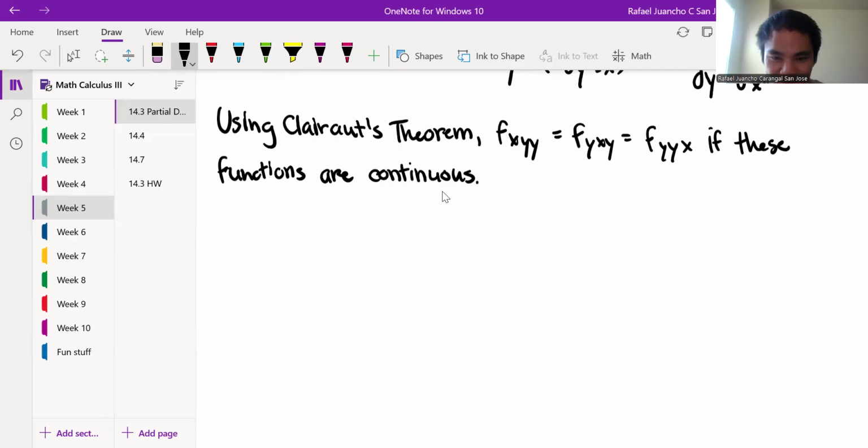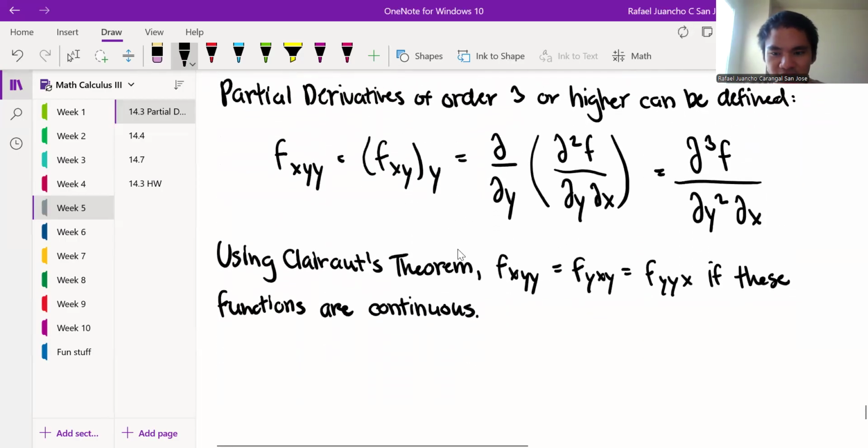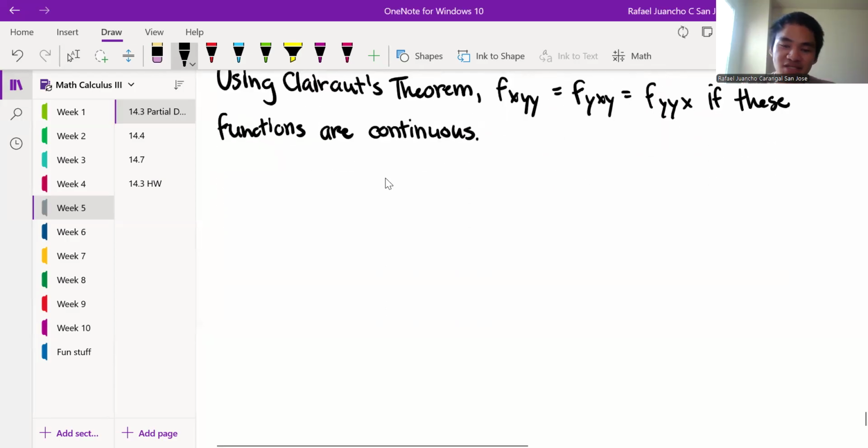Among others, there are other things that I don't know. But this is an undergrad textbook, and I wouldn't simply assume to apply this theorem just because functions are continuous. That's tentative for now.